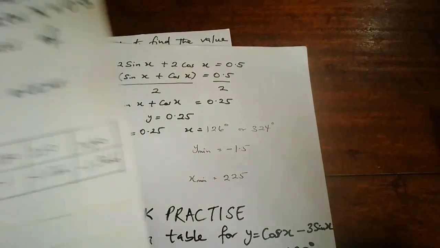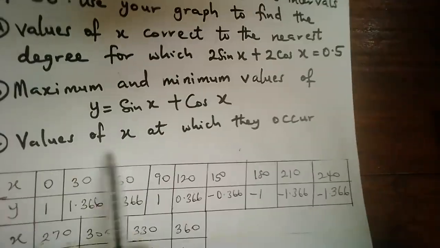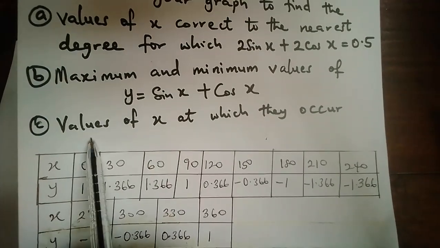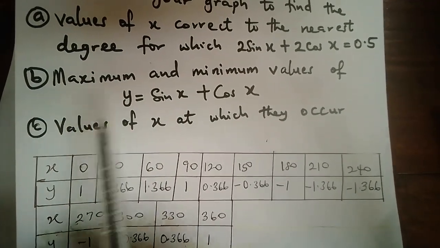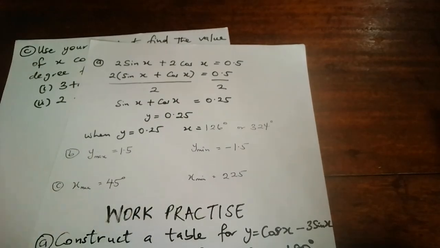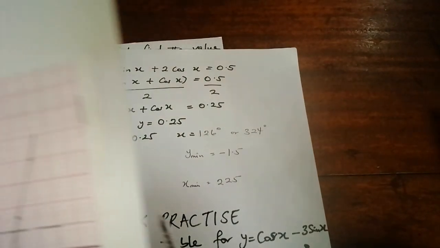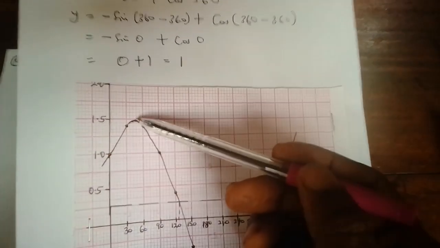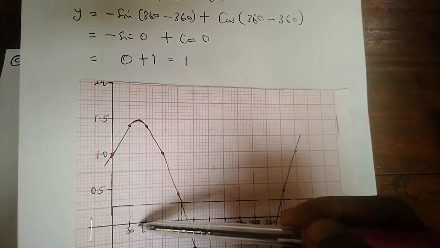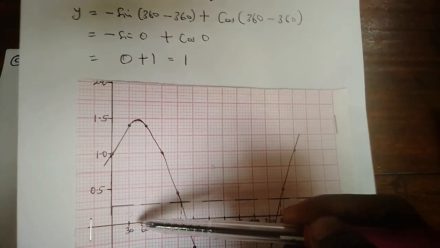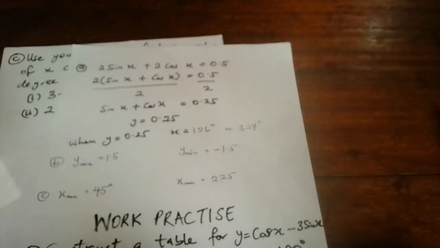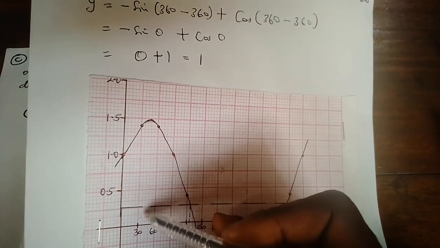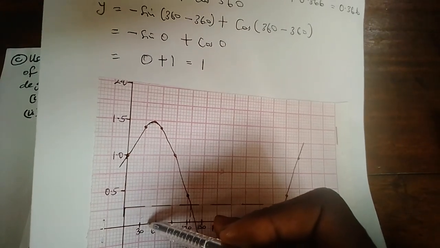Then the third part says values of x at which they occur. That means values of x at which we are having the maximum and the minimum value. So value of x, look at this. If you have the maximum value at this point, then you trace it to the x-axis. Then you read the value that is here. So when you read it, you realize that it's going to fall at the middle here.